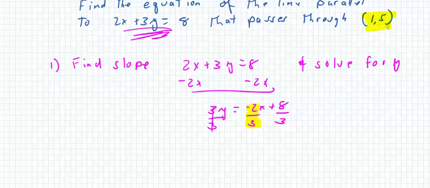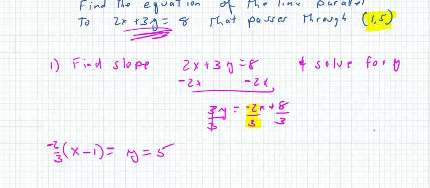So now I just do what I've done the last couple days. I use this point and this slope, and I set up my equation. X minus 1 times negative 2/3 equals y minus 5.